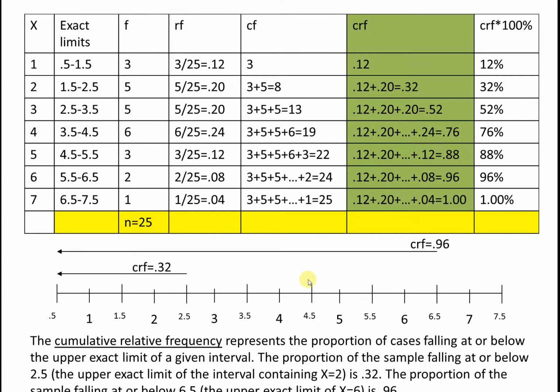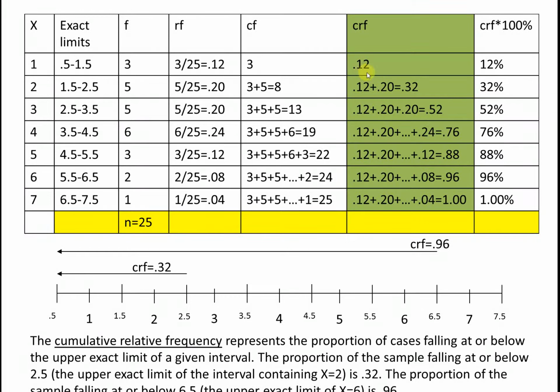The cumulative relative frequency represents the proportion of cases in the distribution that fall at or below the upper exact limit of a given interval. And so the same relationship that we saw between the frequency and the cumulative frequencies is also the relationship that we see between the relative frequencies and the cumulative relative frequencies.